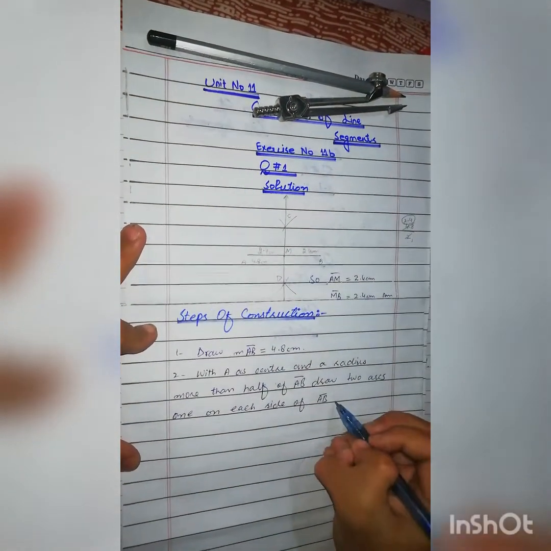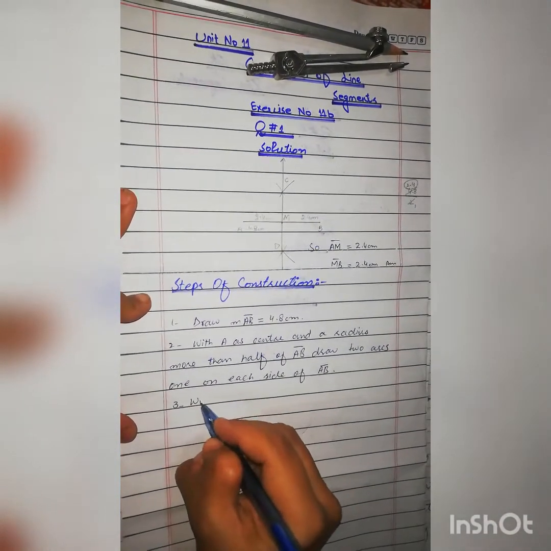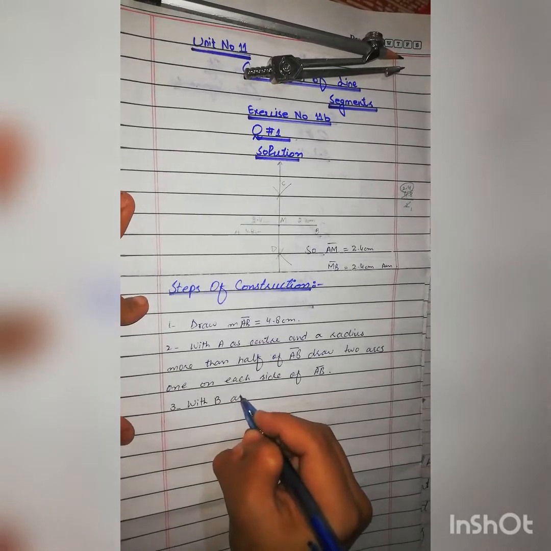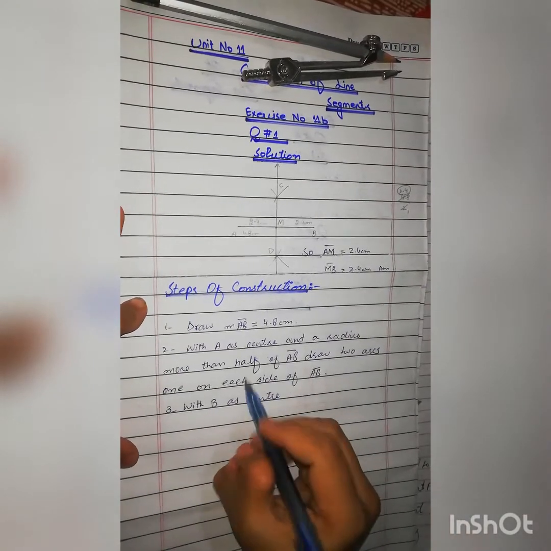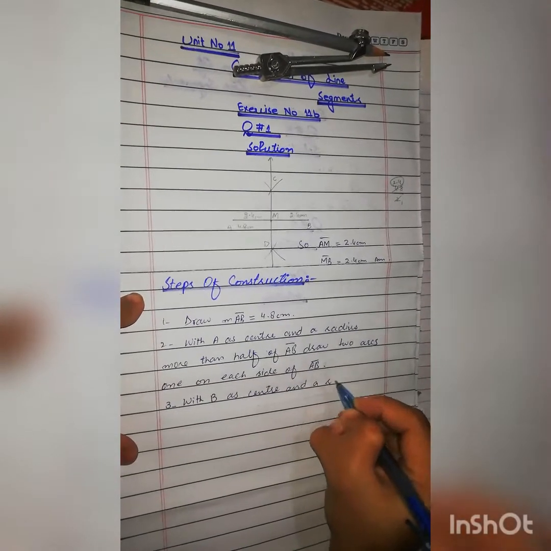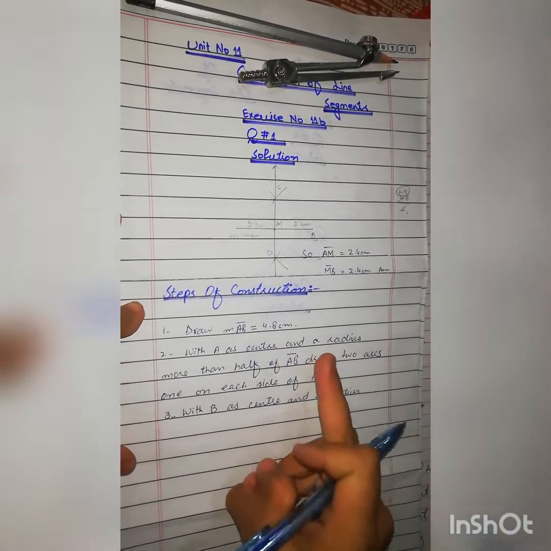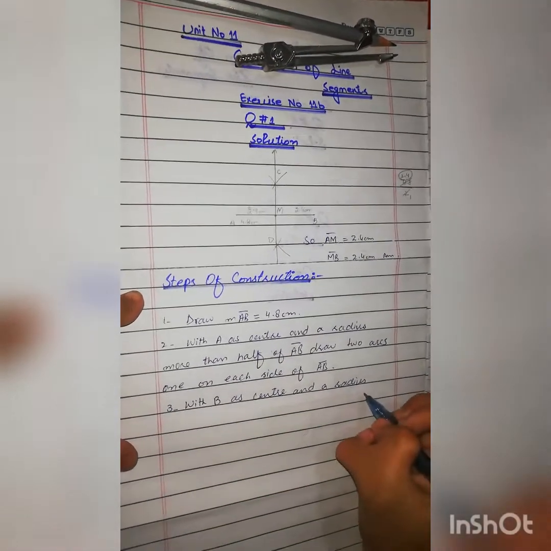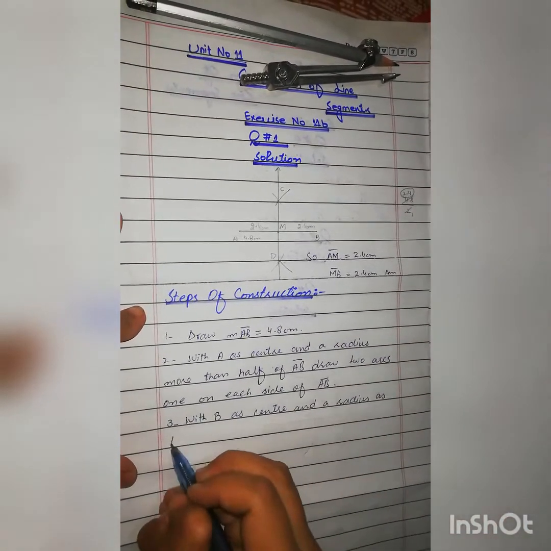Clear? Now the third step is with B as center. Same step of construction with the same radius. Okay, whichever radius we used at point A, the same radius at point B, a radius as before.